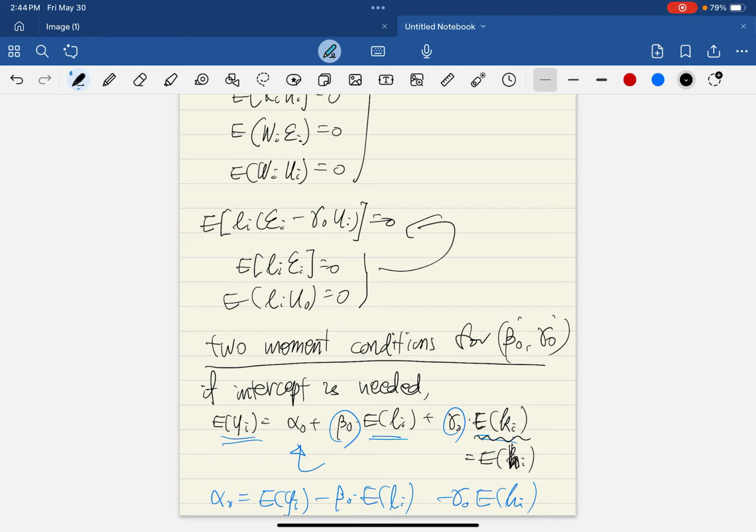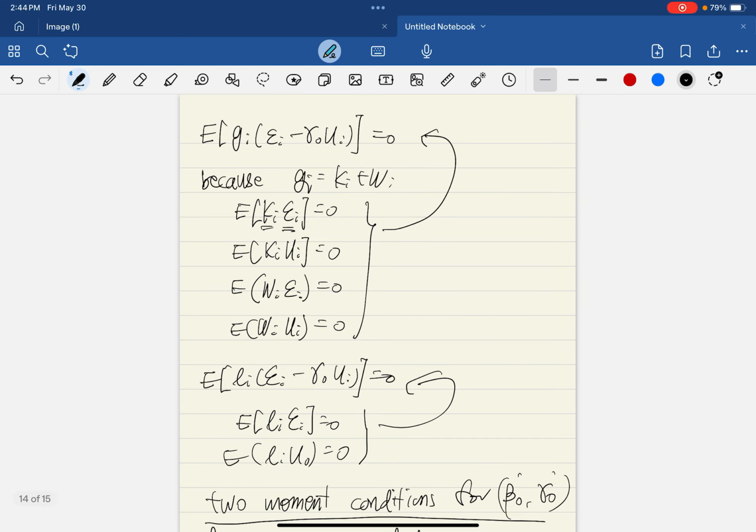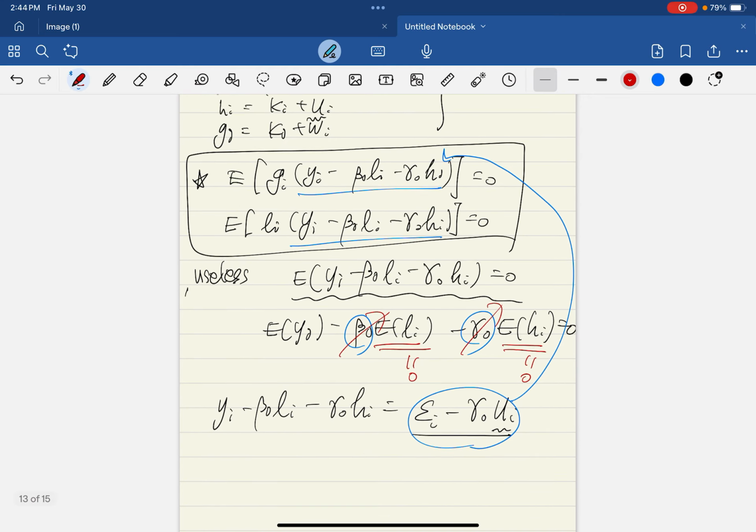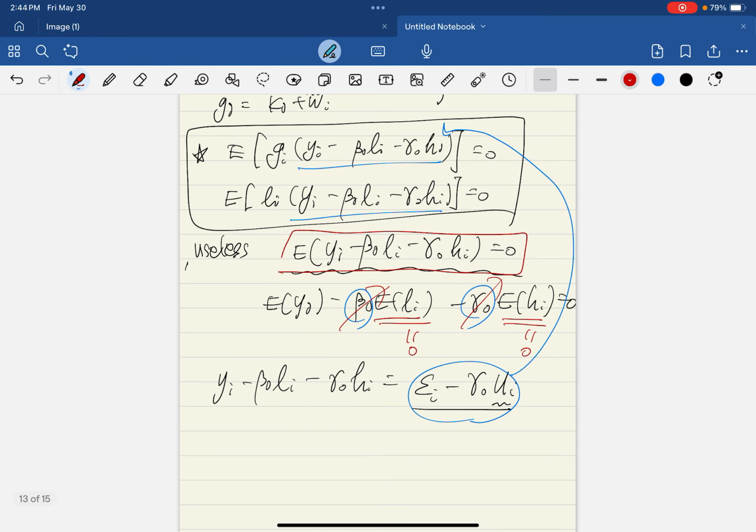So you can identify all the parameters, and if you did not use this demeaning condition, then you will automatically identify 3 parameters at the same time, alpha, beta, gamma. But of course, at that time, you have to use this as the third moment condition. So it will be the third moment condition you need to identify the instrument too.